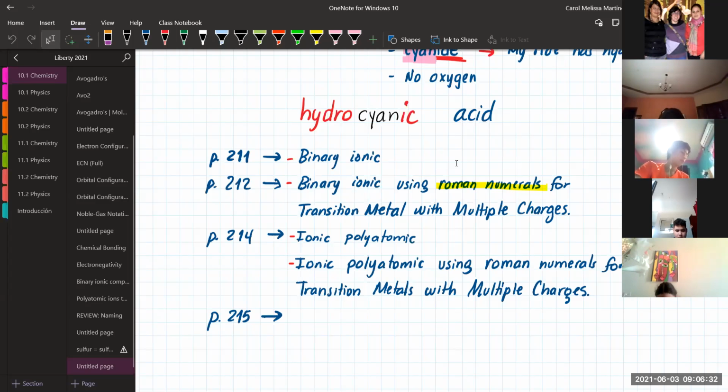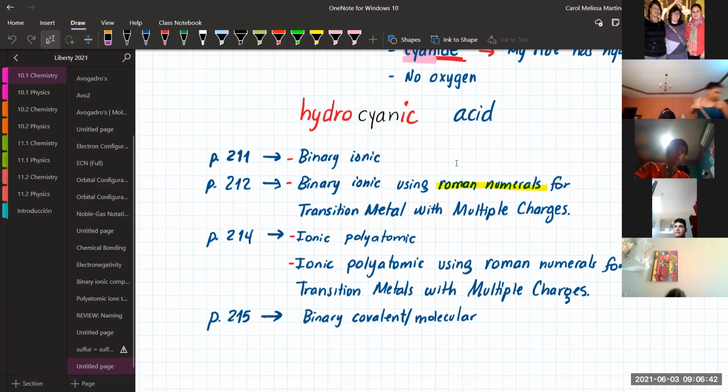So here is binary covalent or molecular compounds, also known as the prefix system. It's the one that uses the prefixes di, tri, tetra, penta, hexa, hepta, like that. So this is the topic, and that's the page where you can practice it.